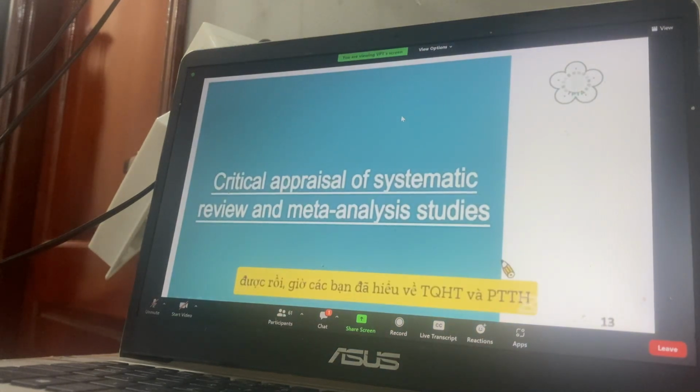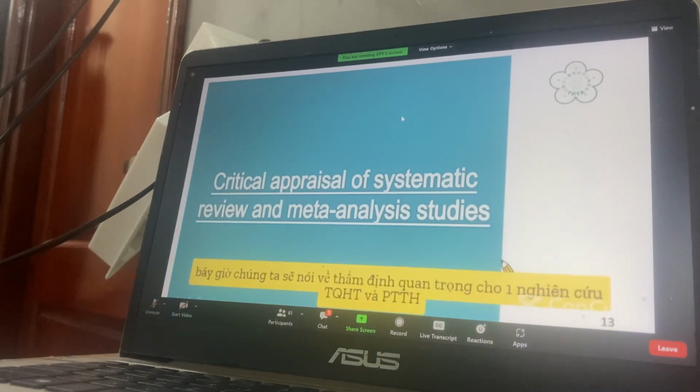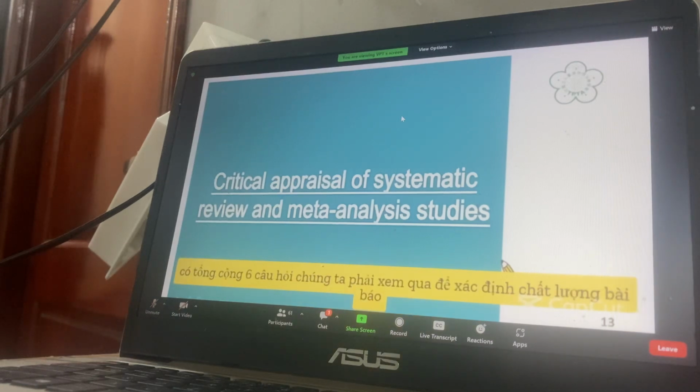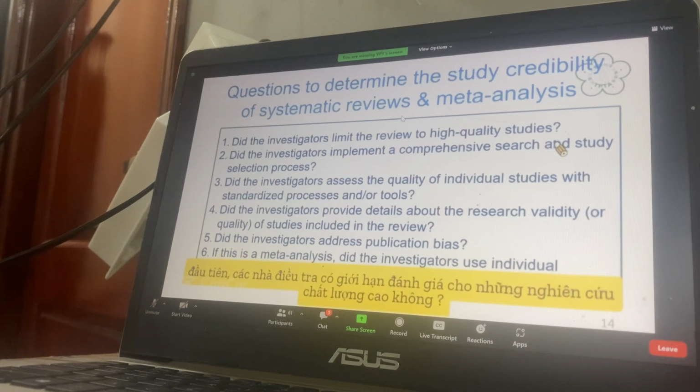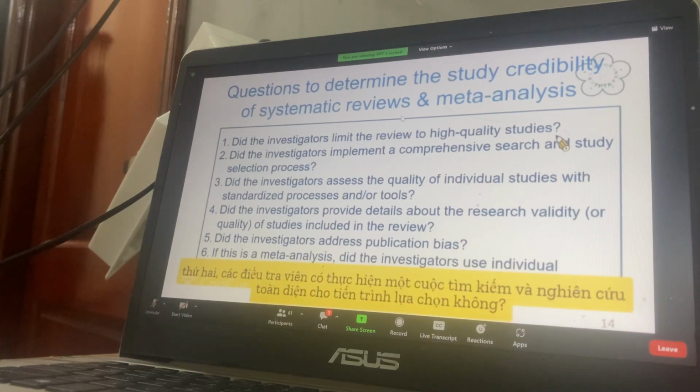Okay, so now you understand what a systematic review or meta-analysis is, and now we are going to talk about how to critically appraise articles of systematic review and meta-analysis. There are 6 questions that we need to look through in order to determine the study credibility. First, did the investigator limit the review to high-quality studies?